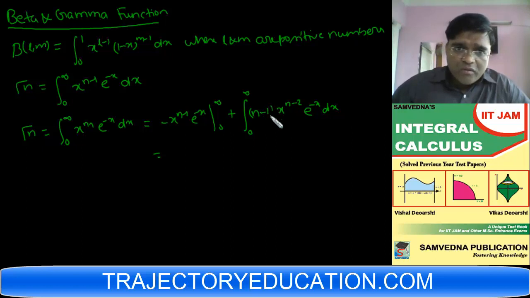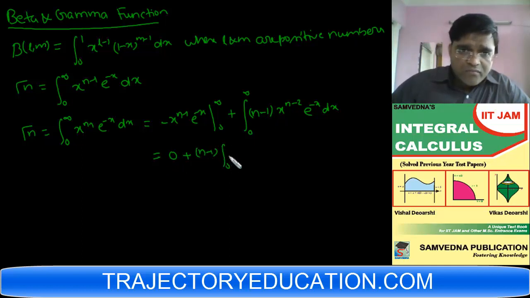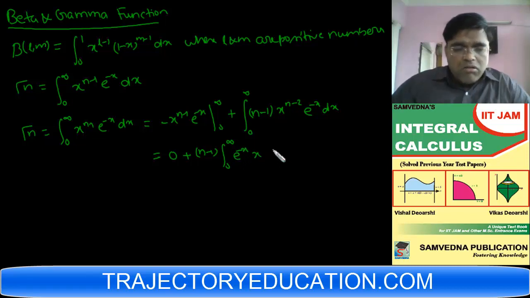Differentiating it gives n minus 1. So this term is 0, and we are left with (n-1) times the integral from 0 to infinity of e^(-x) x^(n-2) dx. What is this?